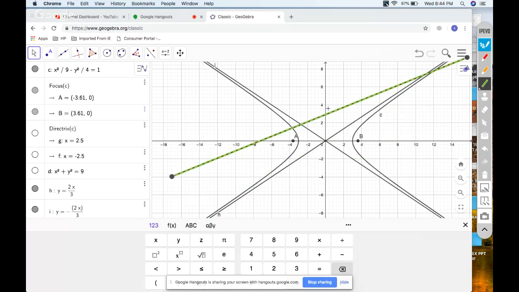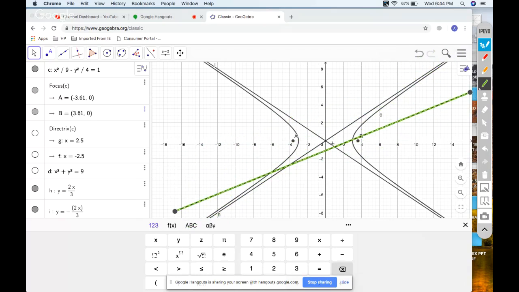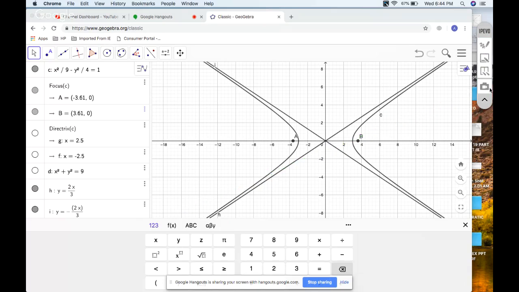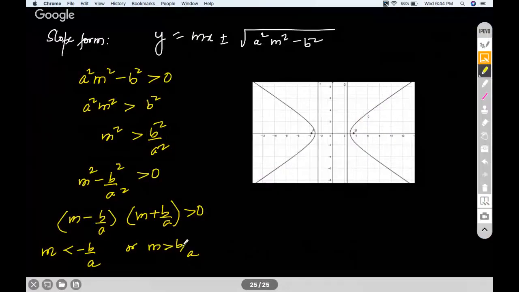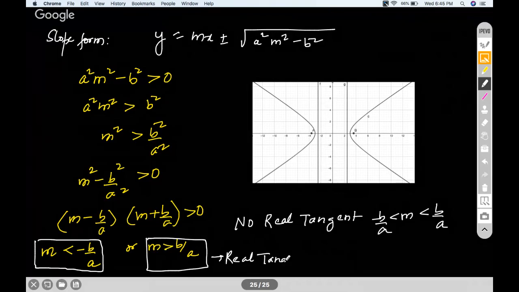So you can never get a real tangent. No real tangent if your m happens to lie between minus b by a and b by a. So it has to be either less than minus b by a or greater than b by a to get a real tangent.